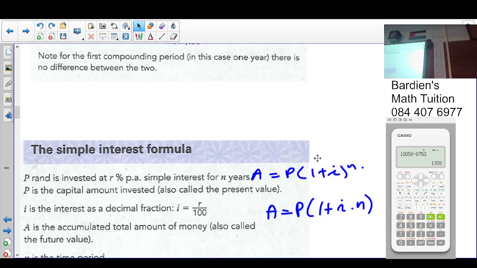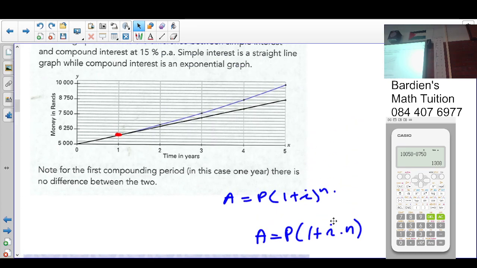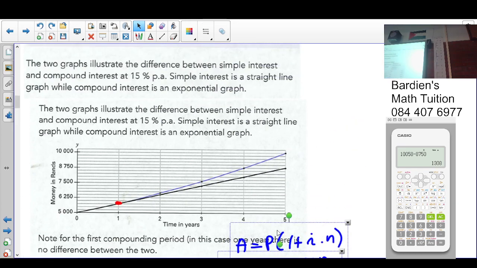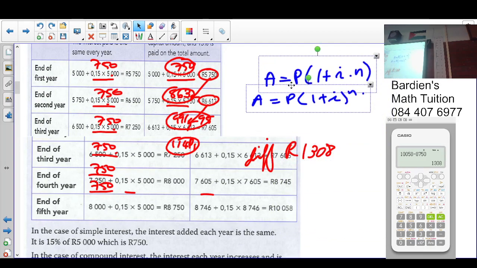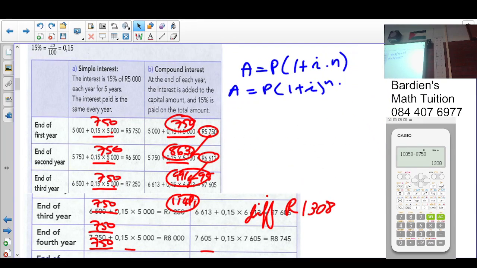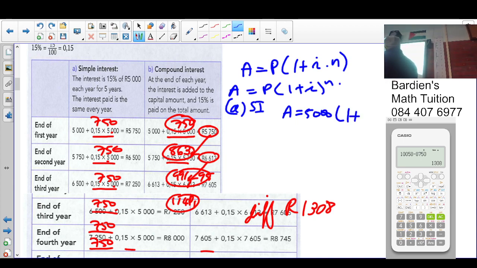So let's just apply these formulas to this case here and see how far off they are. If I look at the first case, the simple interest, it was A is equal to P, and the principal is 5,000 rand, into 1 plus I, which is 15%, so it's 15 over 100 times, how many years was that? 5 years.